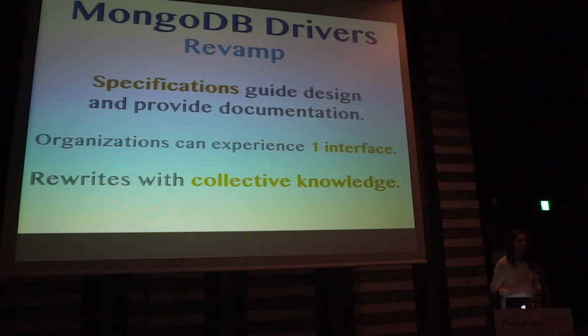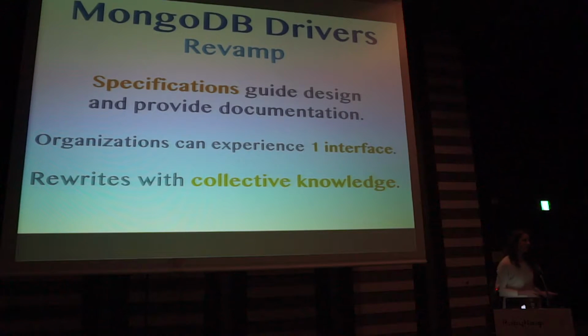So some drivers rewrote their driver. In the case of Ruby, that's what we did. Other drivers did a huge refactor of their code base, which is what Python did. Java rewrote the driver. Along with these rewrites, we got together as a team and we wrote specifications for how the driver should behave.